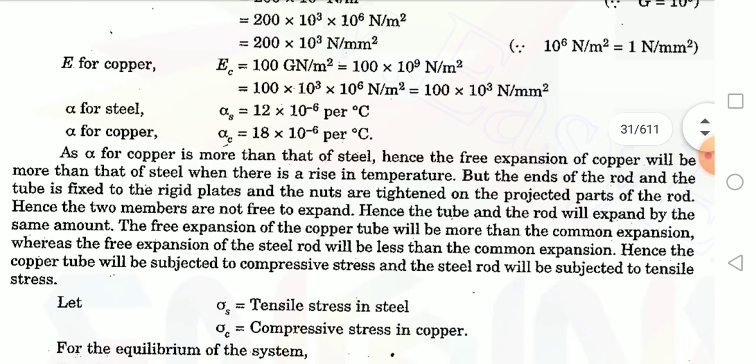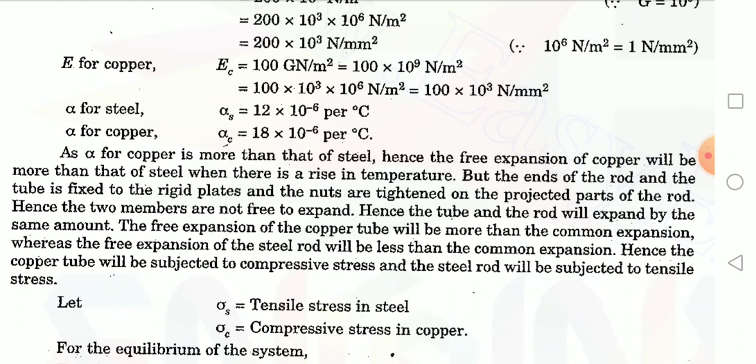So in this problem, the alpha, that is the coefficient of thermal expansion, of copper is more than that of steel. Hence the free expansion of copper will be more than that of steel when there is a rise in temperature. So clearly note that when there is a rise in temperature, copper has more elongation or extension than the steel rod.